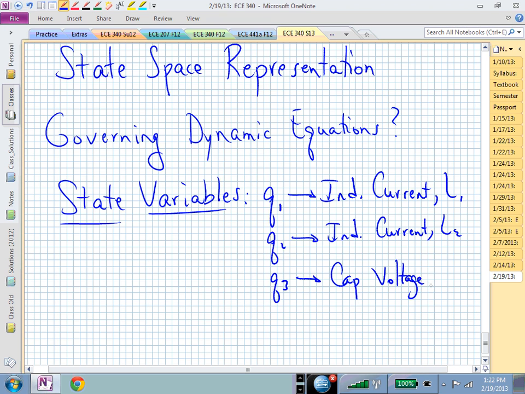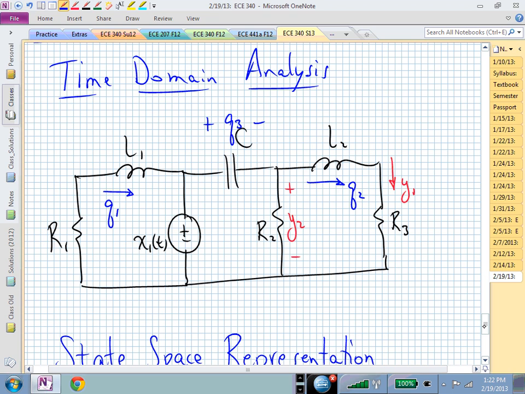And I labeled it, I think, from left to right, positive to negative. But again, that's not set in stone. You could have labeled that differently in terms of polarity. That's okay. You'll just get a different answer. But it will be an equivalent state space representation. Questions on the Q's?